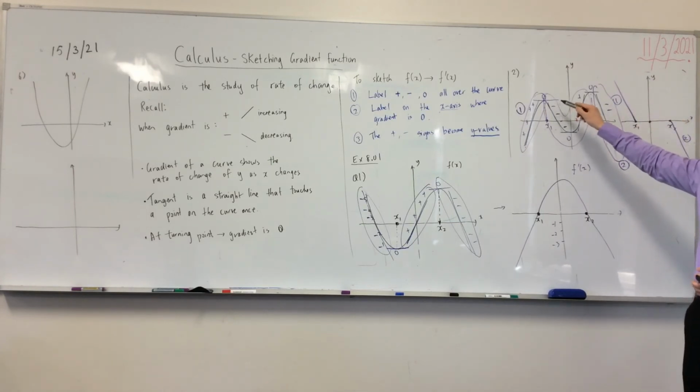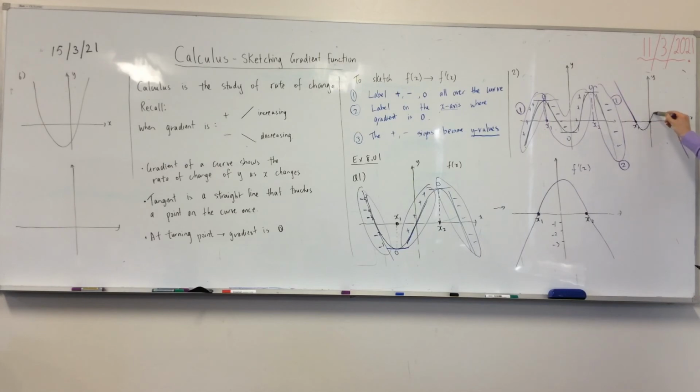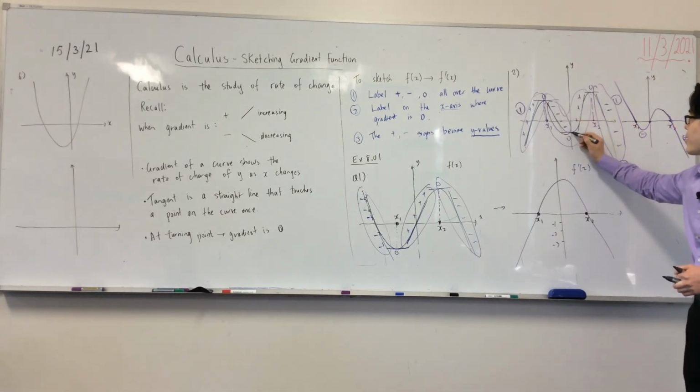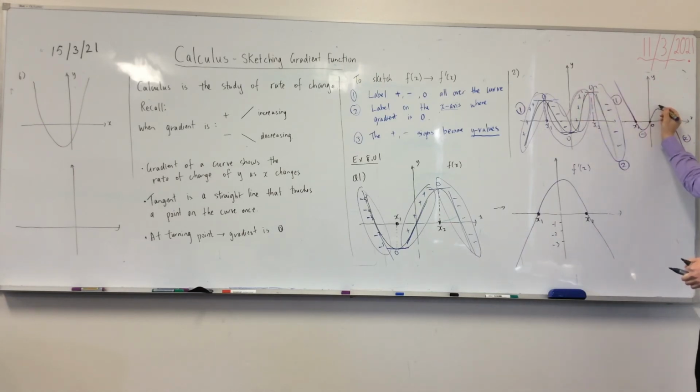I need a curve that's below, goes through 0, then above the x-axis. See if you can picture it. It's actually this. Does this make sense? This is the negative part of the graph here, and then it goes through 0, and then this is the positive part of the graph.